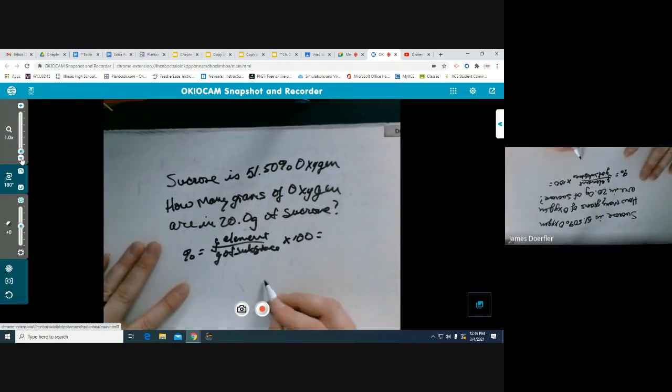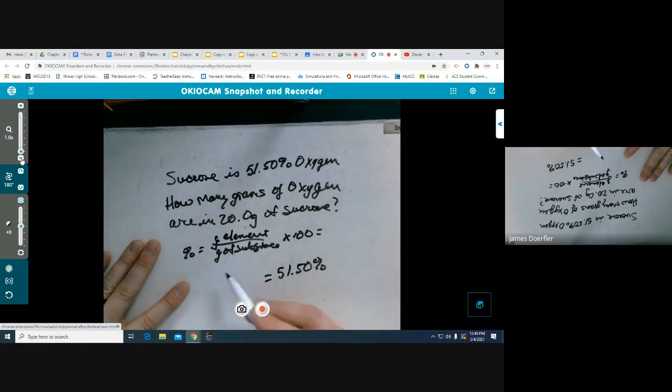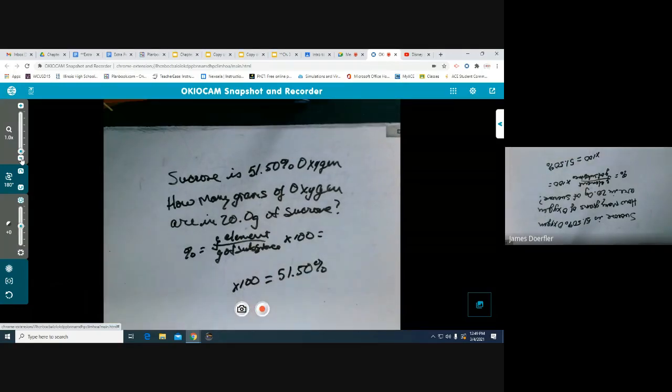So if we already know our percent is 51.50, and we set it up kind of going backwards, meaning we have times 100, we could treat this like an algebra problem, where we are trying to identify how many grams of our oxygen is present in this overall substance that is 20 grams if it makes up 51.5%.